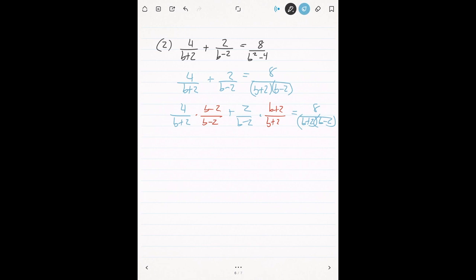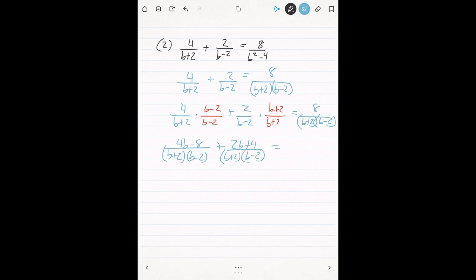Let's go ahead and multiply these fractions together, these rational expressions. We're going to distribute it through to get 4b minus 8 over b plus 2 times b minus 2. And I'm going to add a 2b plus 4 over b plus 2 times b minus 2.